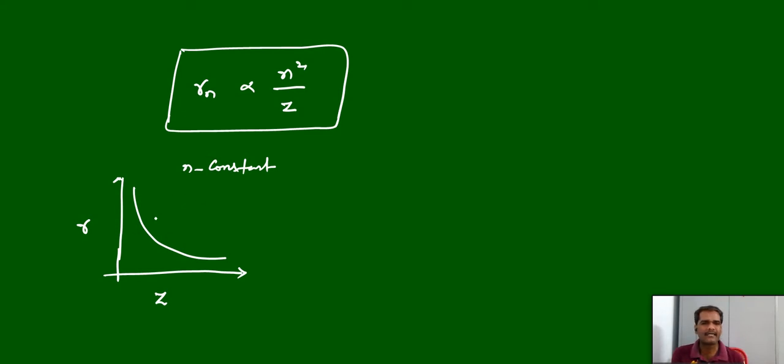It is not a linear decrement, so R is proportional to 1 by Z. They ask like this. Instead of Z, if you take 1 by Z, then you will get a linear graph like this.